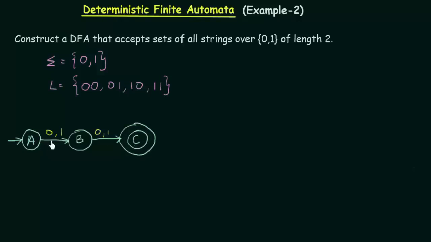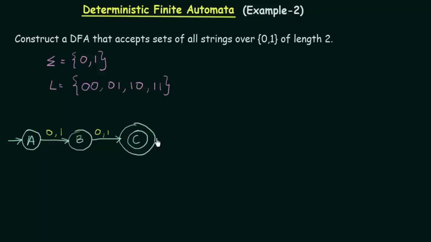Well and fine. But is this DFA complete? No, it's not complete. Why not? Because I have mentioned what happens if I get 0 or 1 input for A, and I have also mentioned the same for B. But what about C?